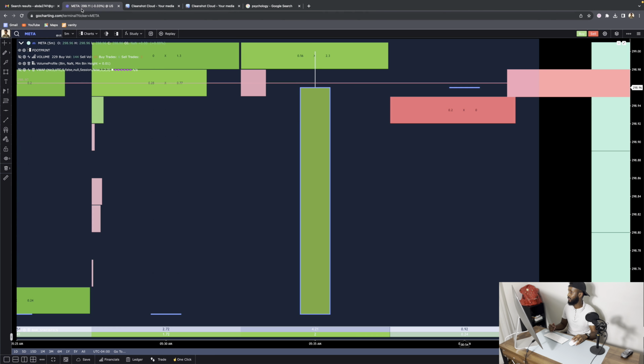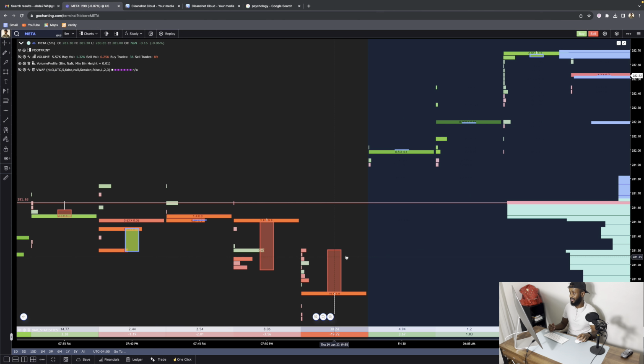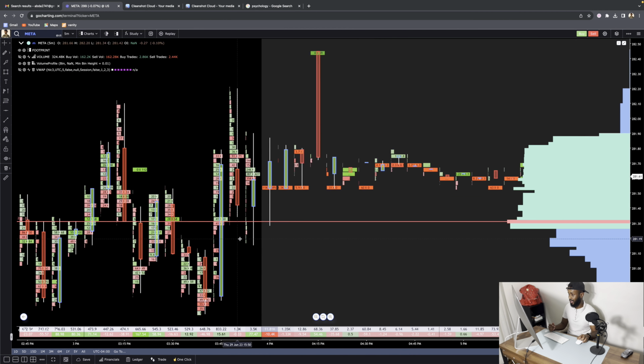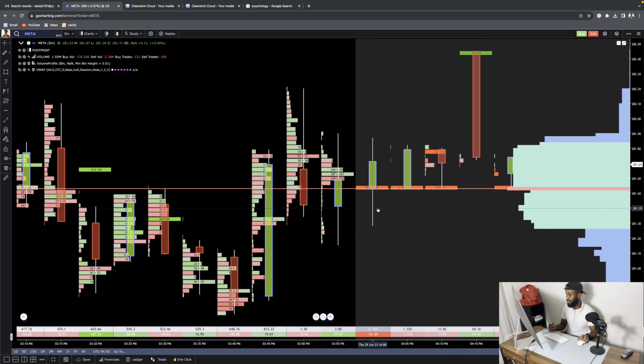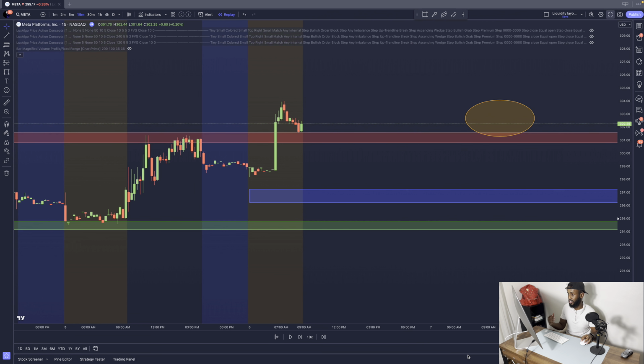So these are footprint charts right here. They're basically just like the charts that we have, but they go over volume in each candle. I don't know enough about them to be able to teach it. So anyways, back to this.